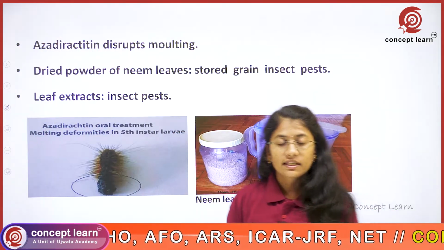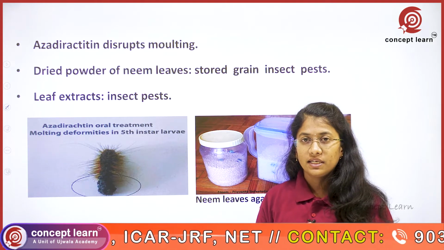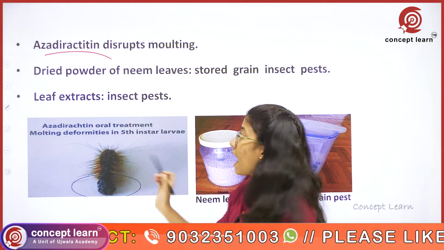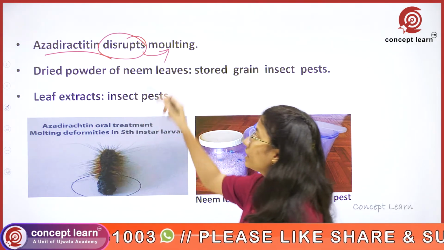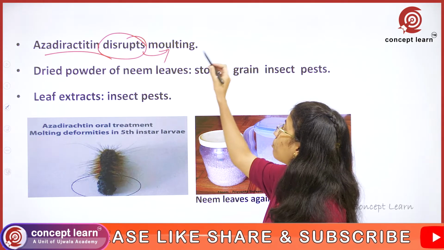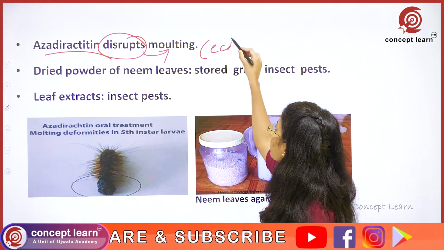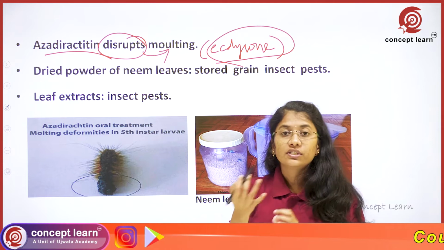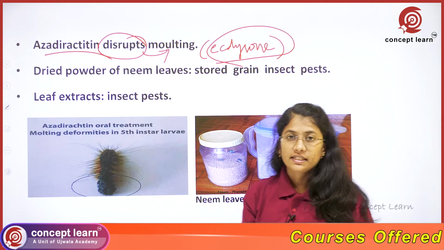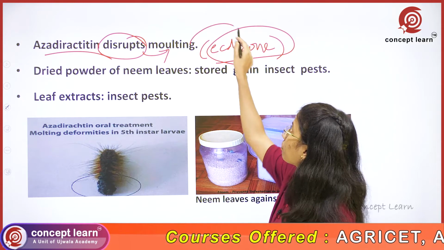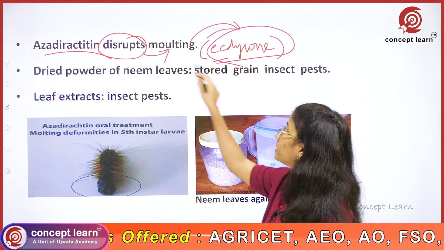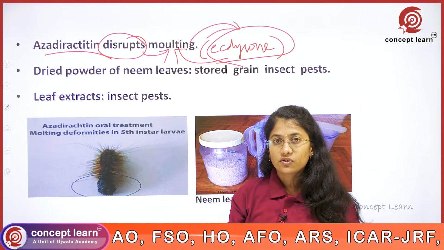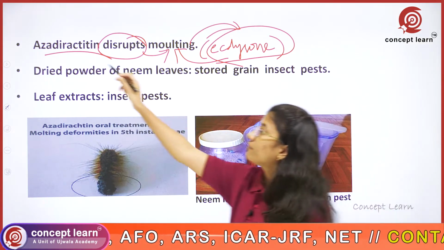Out of all those compounds, azadirachtin is the most important one, and it is used to disrupt the molting process by acting upon ecdysone. Ecdysone is a hormone which usually stimulates molting within insects. Azadirachtin acts upon this hormone, so the insect, which in order to grow has to shed its outer exoskeleton, has that process inhibited.